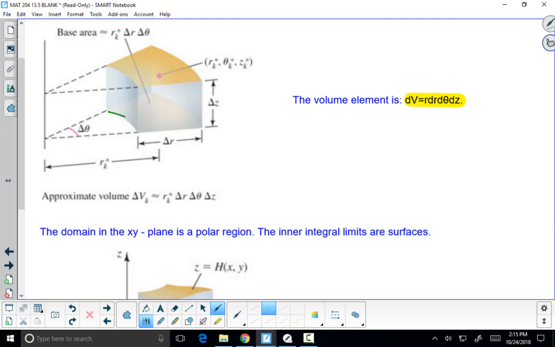The polar element is this down here. And then we have to multiply by the thickness of it. So that's pretty easy to get to the volume of our cylindrical element. We take our polar element and just multiply by thickness. Easy. So anytime we switch to cylindrical, we switch our dx dy to r dr d theta, and then dz.